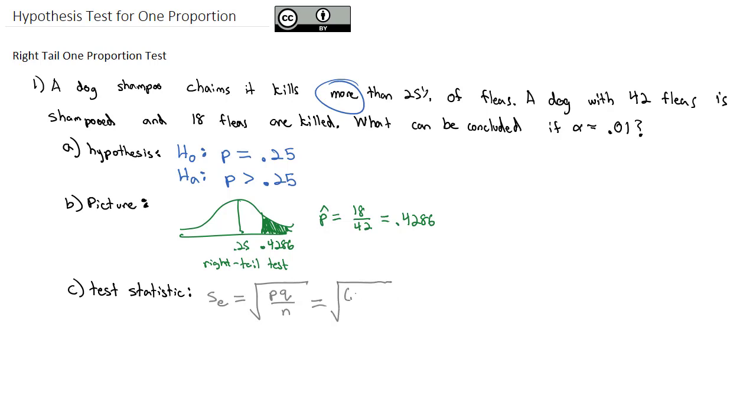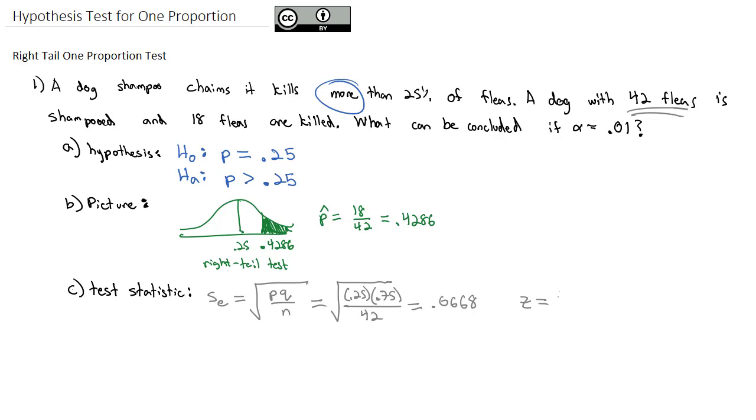So p is 0.25. Q is 1 minus 0.25, which is 0.75. And then we divide by our sample size. There were 42 fleas. And when we do that on our calculator, we'll end up with 0.0668.